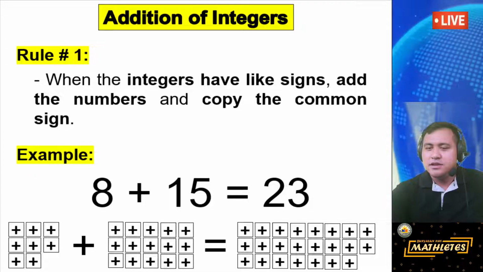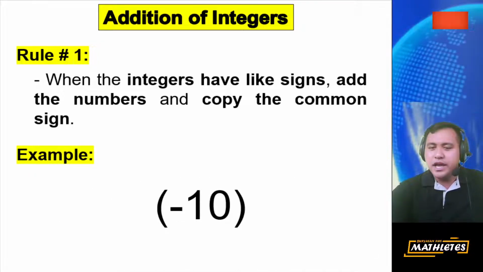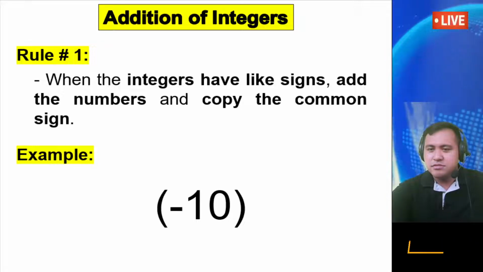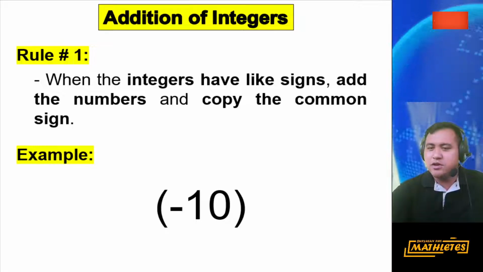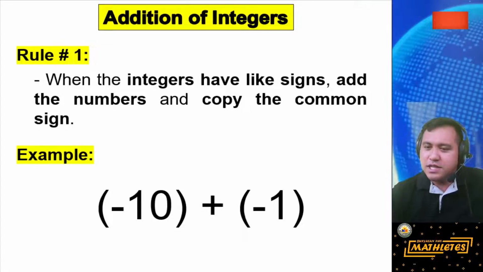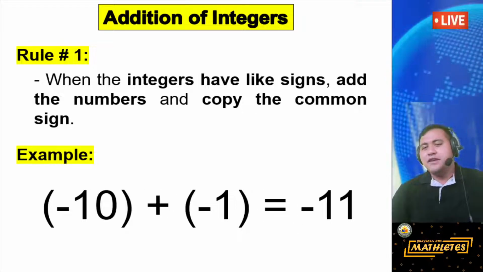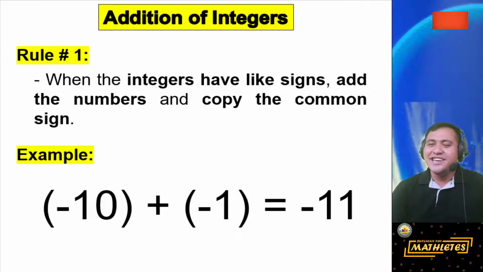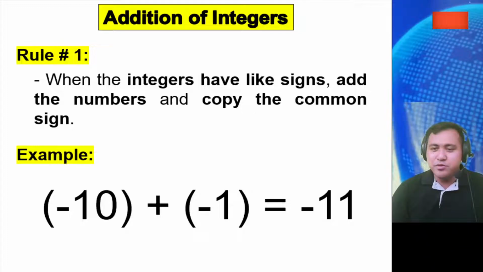Okay. Again, another example is negative 10. Kanina, positive ang ipakita, all the numbers are positive. Karon ipakita na ang negative. So we have negative 10 plus negative 1 equals negative 11. Now, in real life situation, we can apply that one.